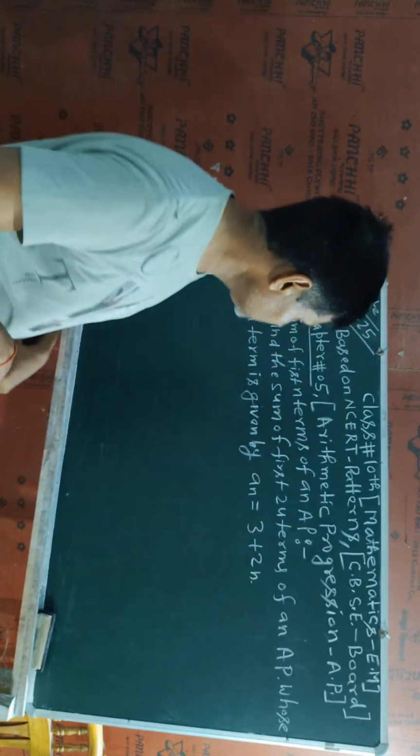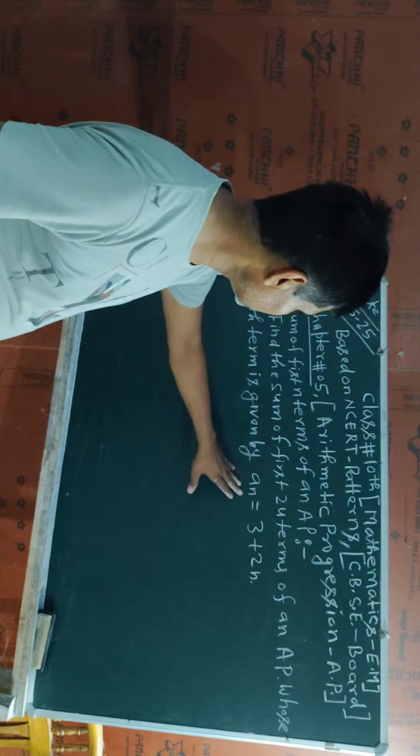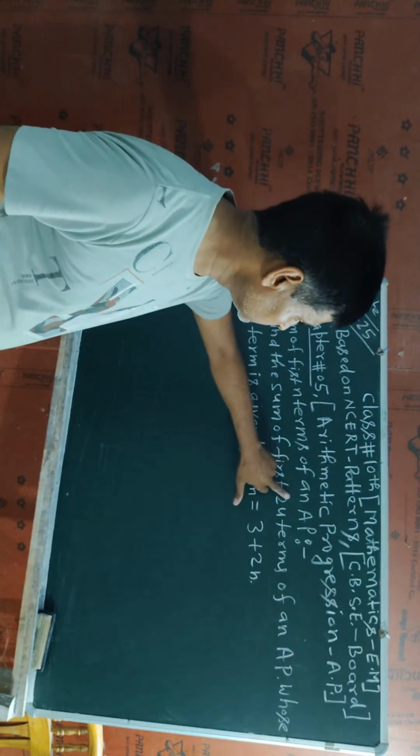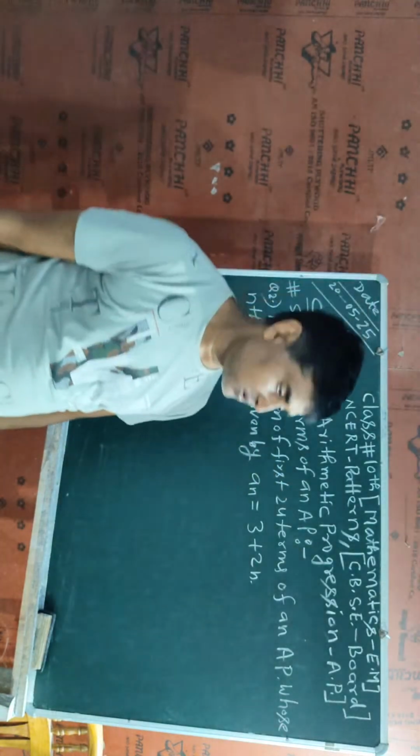So this nth term is given and we have to get the sum of the first 24 terms.